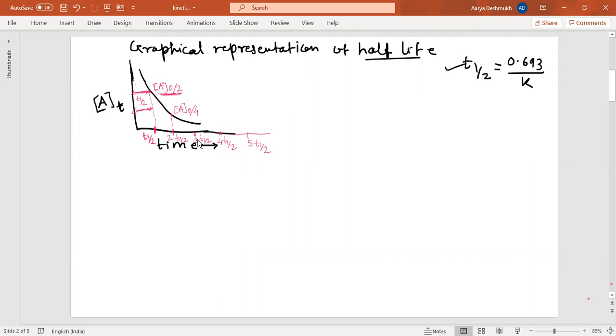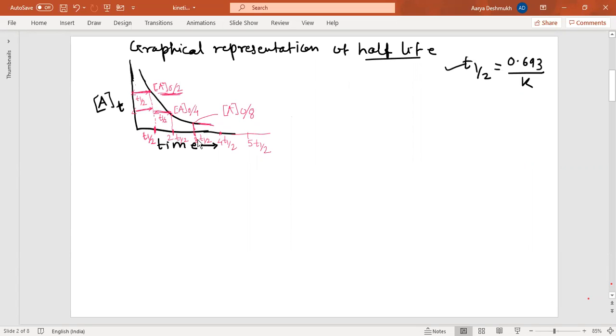Okay, and this point will be your next T half. Now if you further extend this, go to this point, thrice of this T half, and go to this graph. I'll extrapolate this one. Now for this, it would be initial concentration divided by 8.